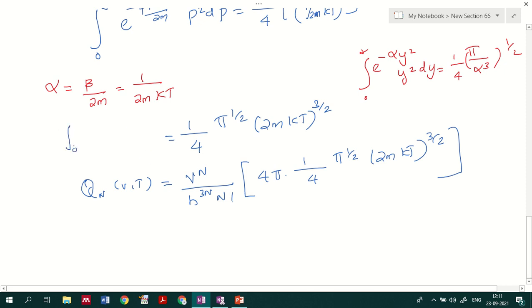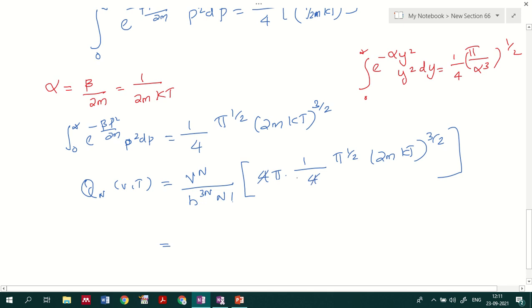Okay, so this is my integral from 0 to infinity of e raised to minus beta p square by 2m, p square dp. Now this is equal to, this 4 and 4 get cancelled.